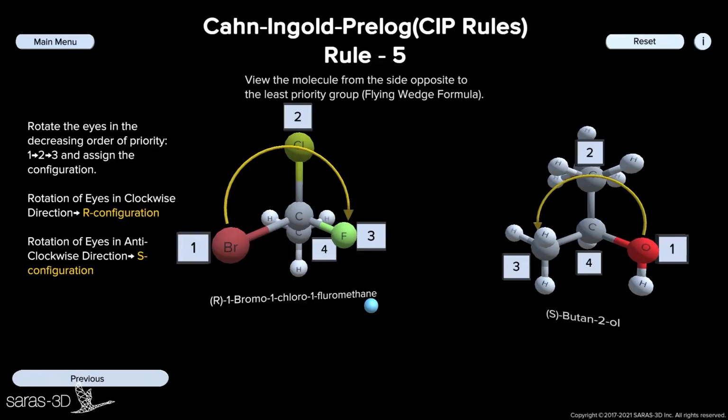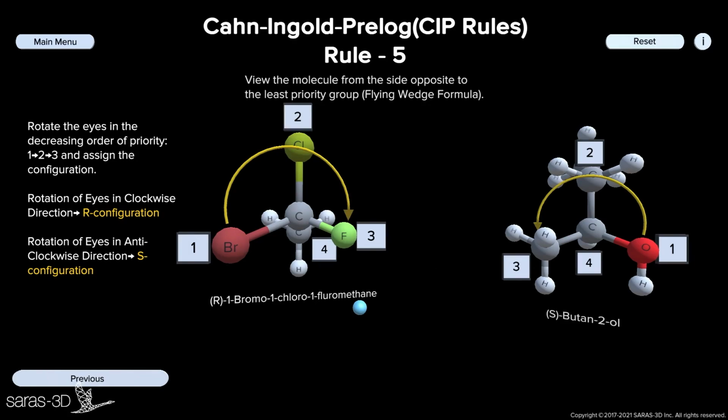At last, we have to assign the configuration R and S depending upon the priorities assigned. After the priorities are assigned to the groups bonded to the chiral center, we have to view the molecule from the side opposite to the least priority group. So here we can see the molecule is viewed or arranged in such a way that the least priority group, that is the fourth group, is away from the viewer.